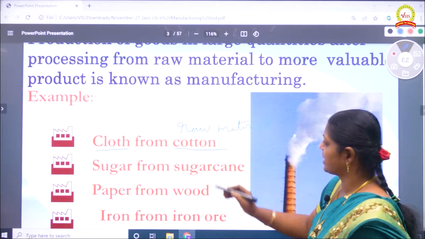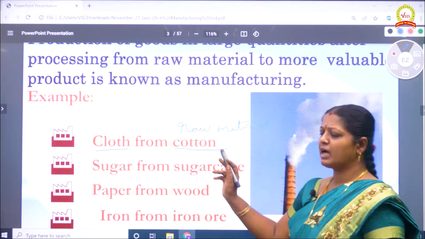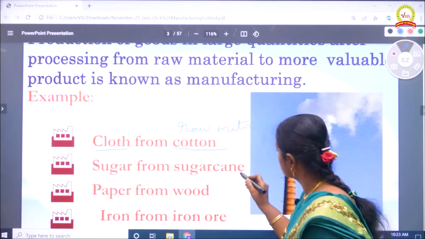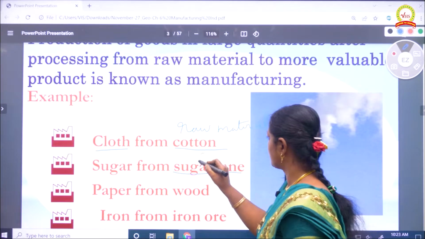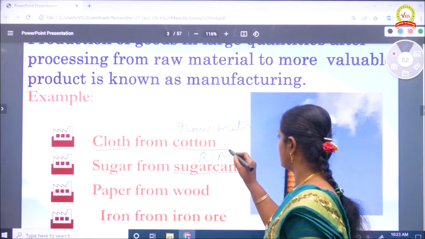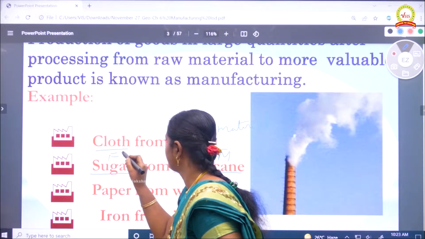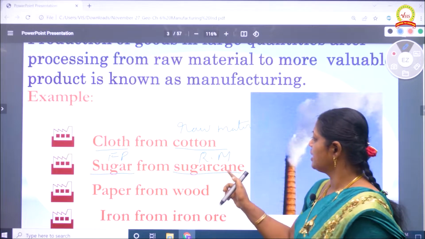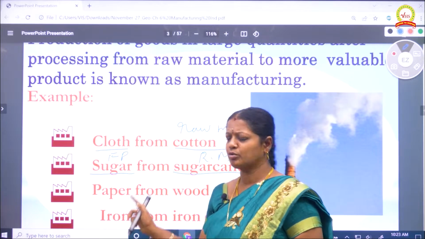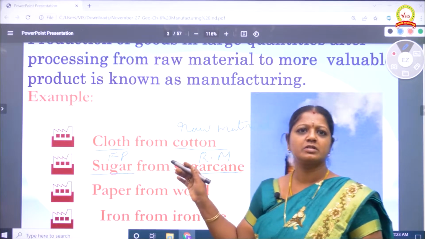Next they have given you the example of sugar and sugar cane. Sugar cane is a raw material here, which we will mark as RM, and the finished product is the sugar, FP. So here the sugar cane is getting converted into sugar. Where does this process take place?